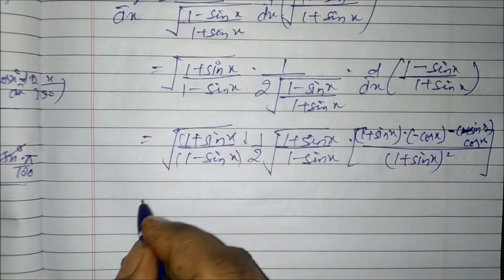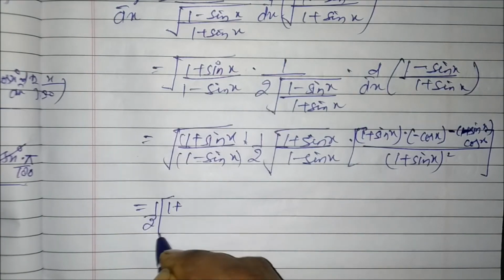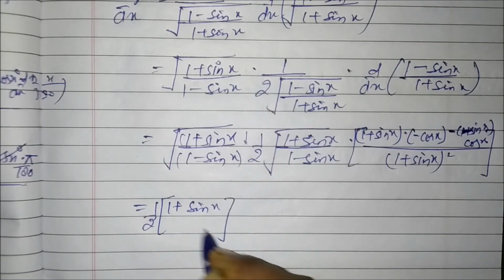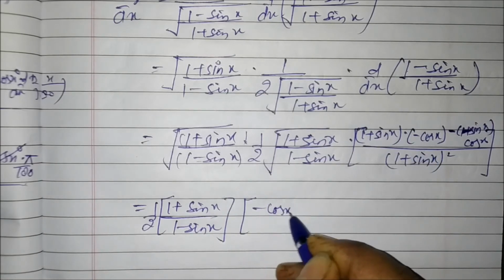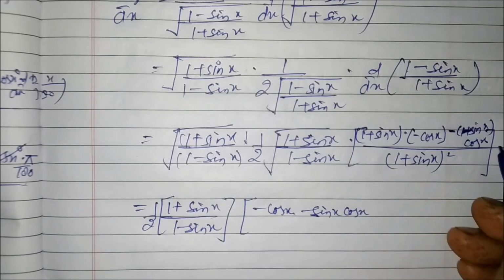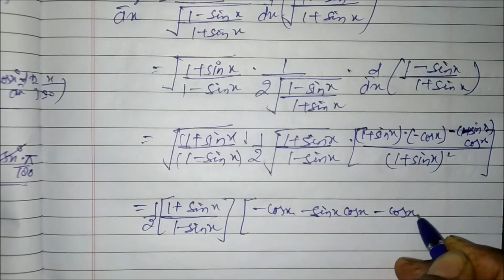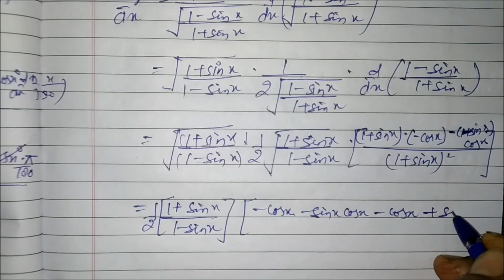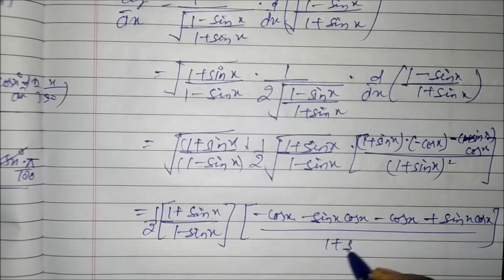These are same, so we get 1 by 2 (1 plus sin x) upon (1 minus sin x) into, here we get minus cos x minus sin x cos x, this minus cos x minus becomes plus sin x cos x, upon (1 plus sin x) whole square.